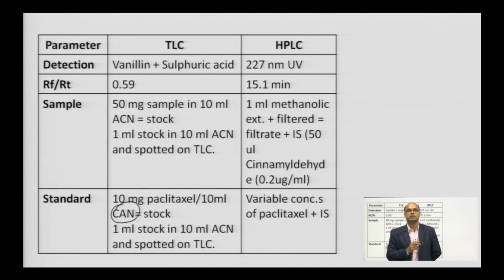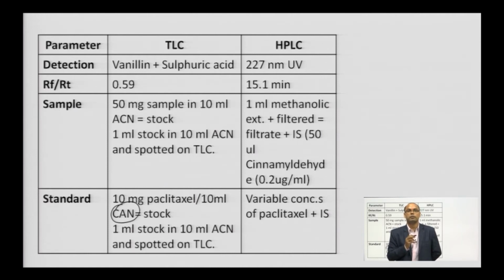The detector was set at 227 nanometer, a UV detector. The retention time for paclitaxel in the HPLC chromatogram was 15.1 minutes. It means that after injection of your sample, the peak of paclitaxel in the chromatogram appears at 15.1 minutes.